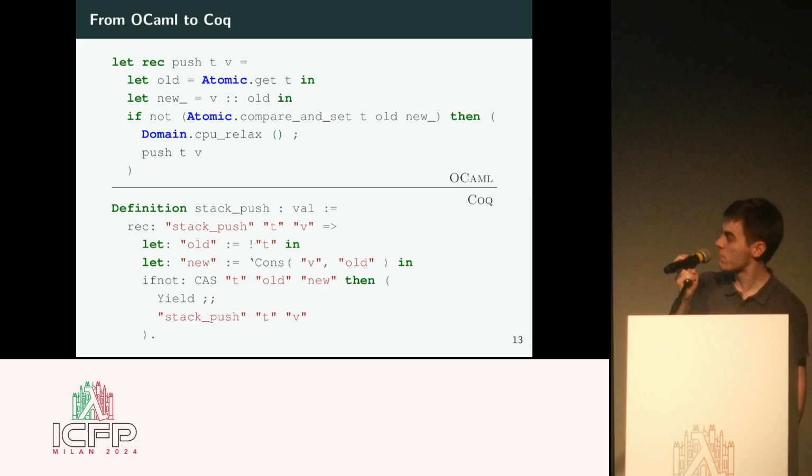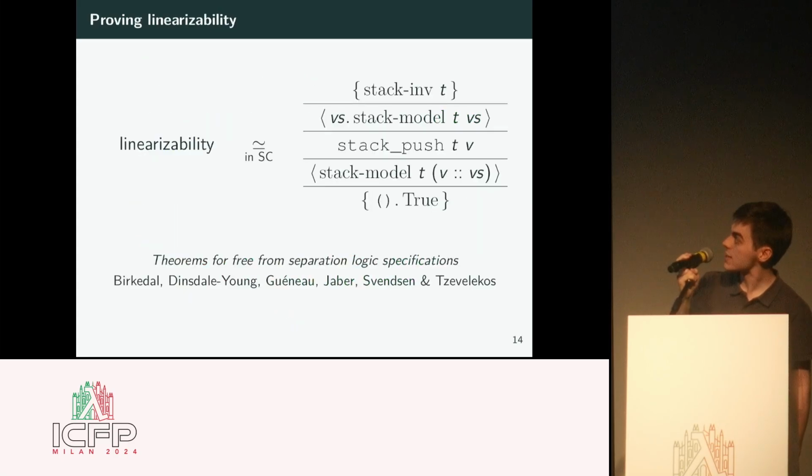I hope you will agree it is pretty much the same code, except now binders are quoted. This transformation is manual for now, but I am working on a tool to fully automate it. Once we've done that, we have our algorithms in Coq and we can specify them.